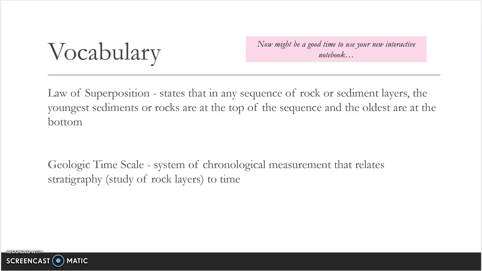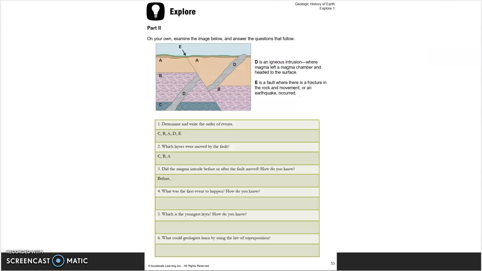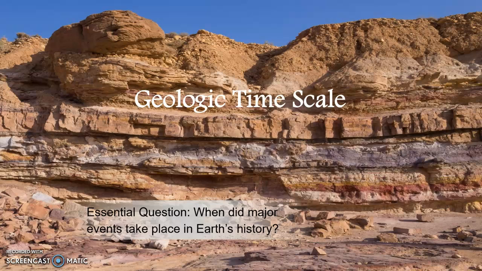That law of superposition states that the sequence of rock layers has the youngest on top, the oldest on the bottom. And so what geologists, the people who study the earth itself, are learning about is what happened, that timeline, the order of events, which leads us into the next thing that you're doing.